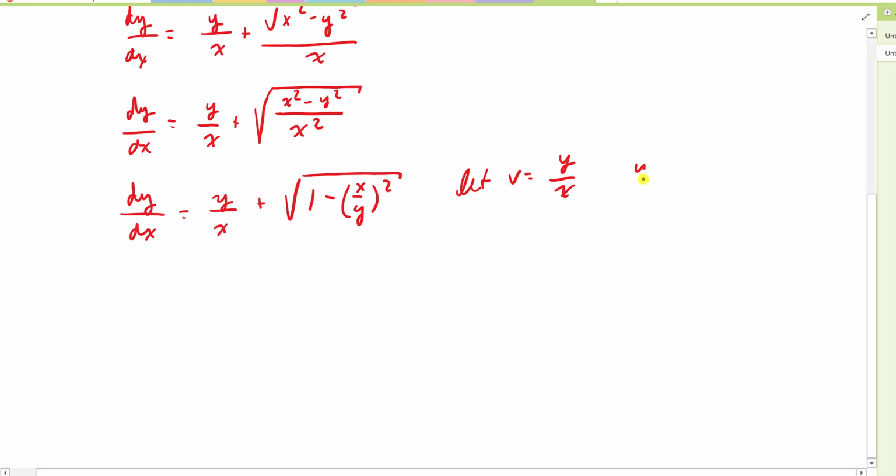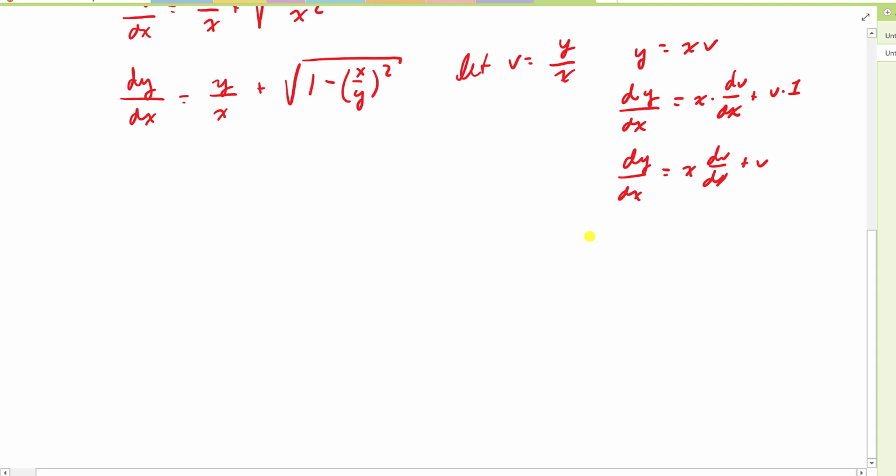So we'd say that y is equal to x times v, multiplying this x over to the other side. Now if we differentiate both sides with respect to x, we get that dy/dx is equal to the first times the derivative of the second plus the second times the derivative of the first, or that dy/dx is equivalent to x dv/dx plus v.